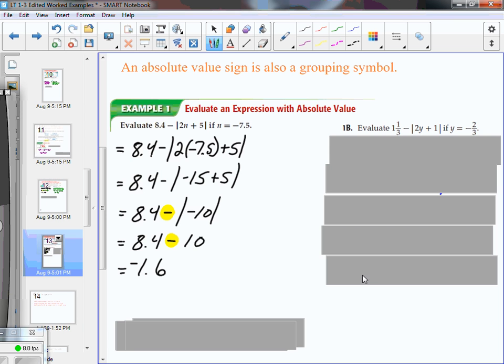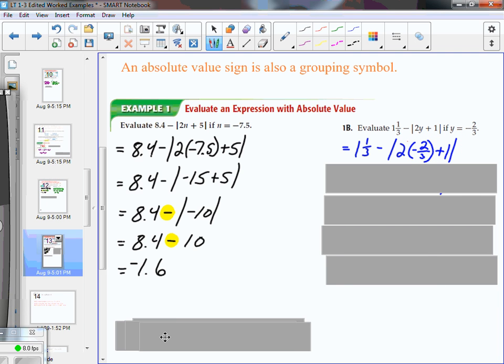All right, let's make it as complicated as I know how. Let's put a fraction in there. So 1 1/3 minus the absolute value of 2y plus 1 if y equals negative 2/3. So 1 1/3 minus the absolute value of 2y, y is negative 2/3, so 2 times negative 2/3 plus 1.